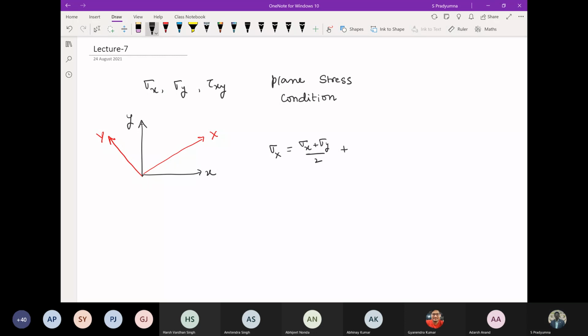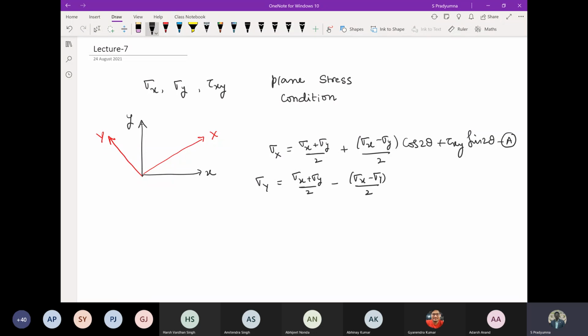So we wrote the expressions that sigma X was equal to sigma x plus sigma y by 2 plus sigma x minus sigma y by 2 cos 2 theta plus tau xy sin 2 theta. This was our equation A. And sigma Y was equal to sigma x plus sigma y by 2 minus sigma x minus sigma y by 2 cos 2 theta minus tau xy sin 2 theta.